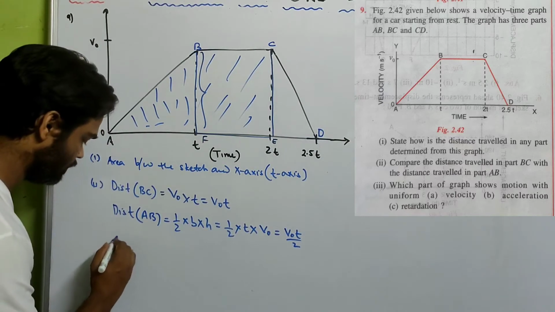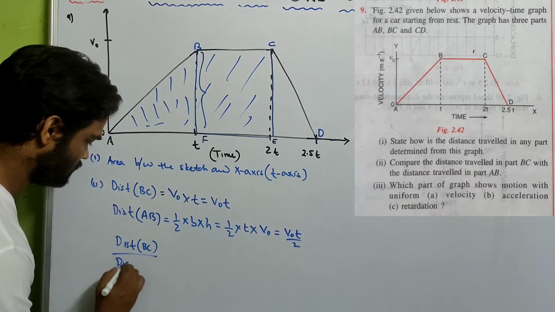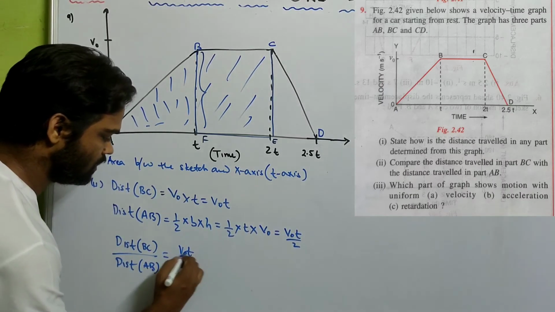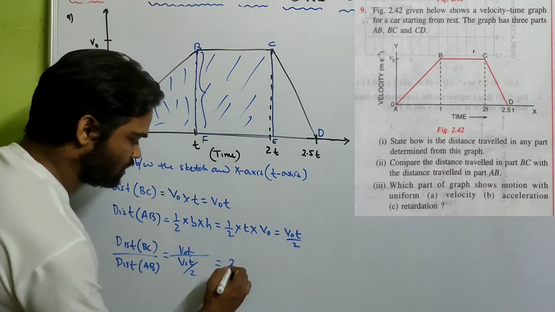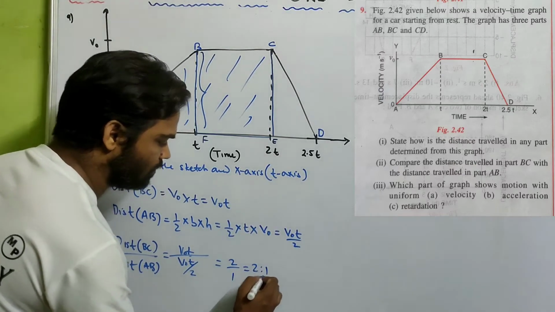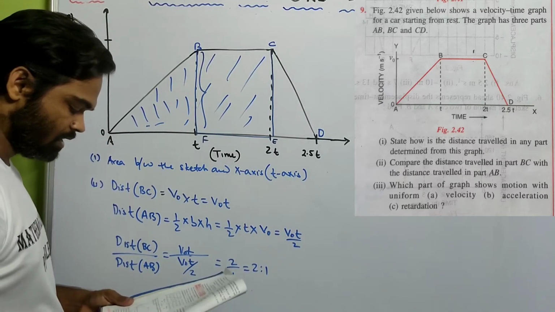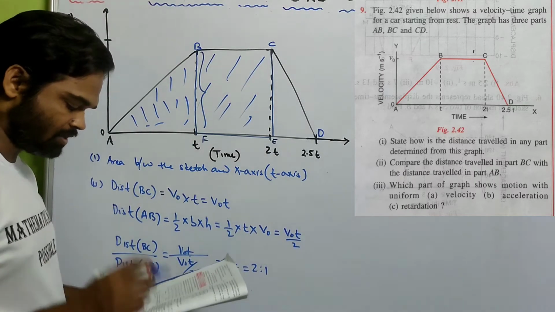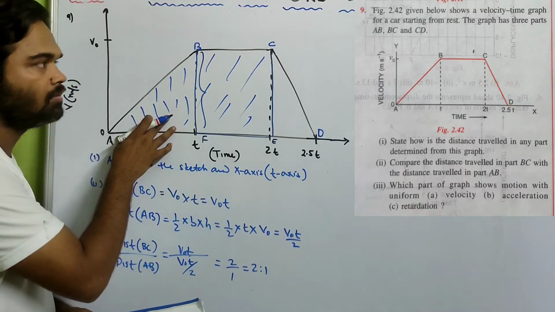If you divide the distance traveled in BC by the distance traveled in AB, V0t divided by V0t by 2, the 2 goes up, that's 2 by 1, so the ratio will be 2:1. They said compare the distance in BC with AB. That's 2:1. Done.